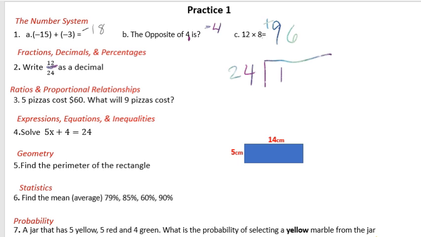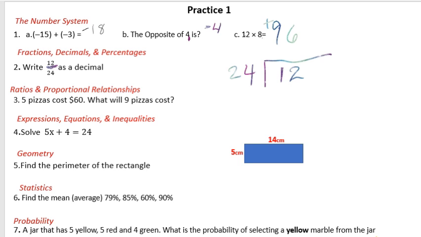So when we're setting this up, we always make sure that our bottom number is on the outside. On the inside, we have our top number. Now let's go through the steps of long division. I'm going to ask myself, is there a number in the 24 times table that is 1 or close to 1?